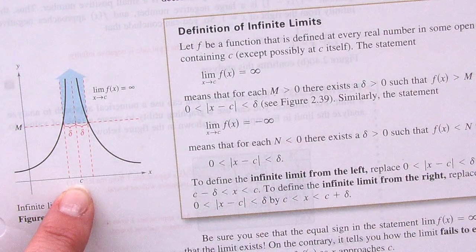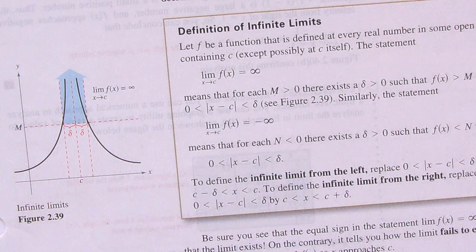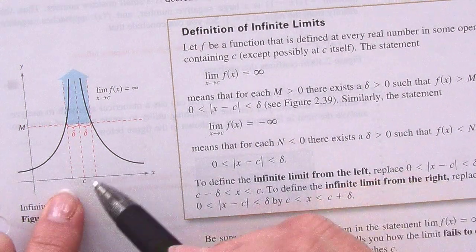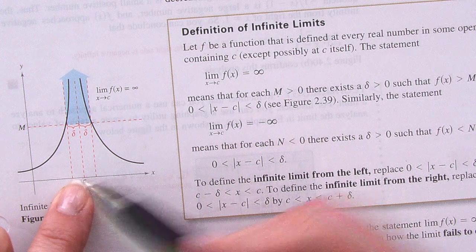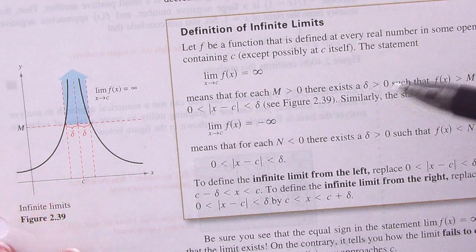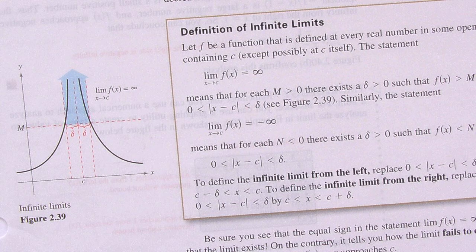And I can then pick the m value to be bigger, and then I can find a y value that's closer to it as the x value gets closer to c. And likewise, if the limit goes to negative infinity, then you would just pick a number less than 0, and you could find something even more less than 0 than that.